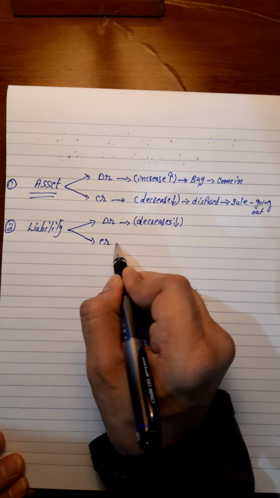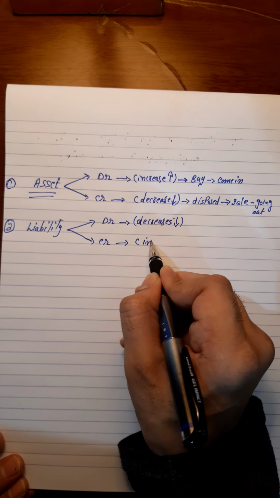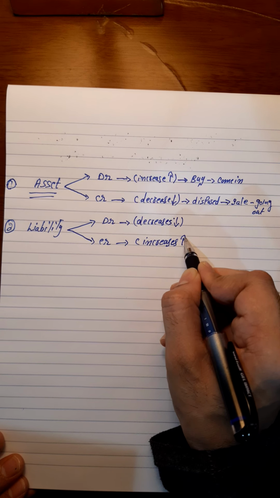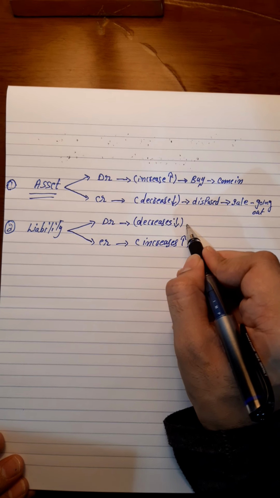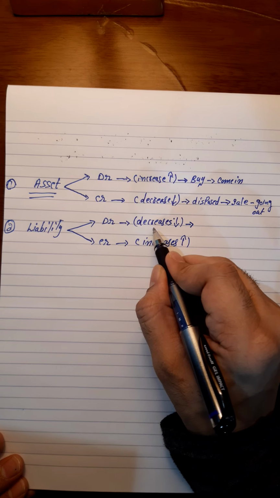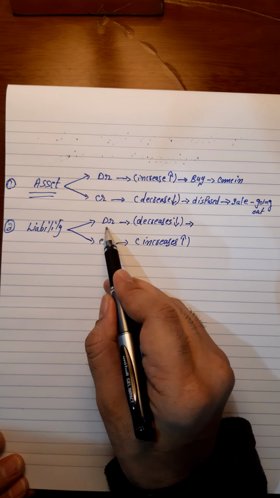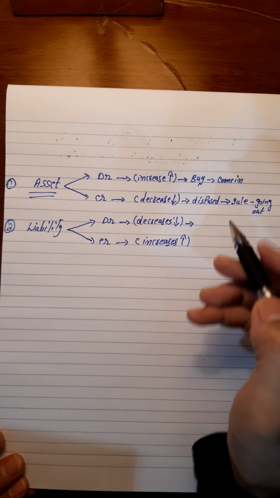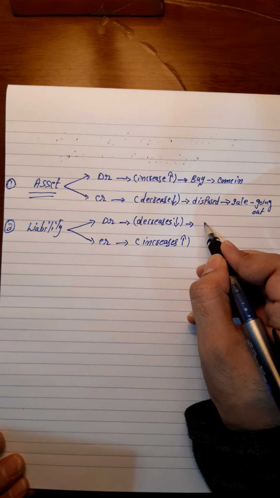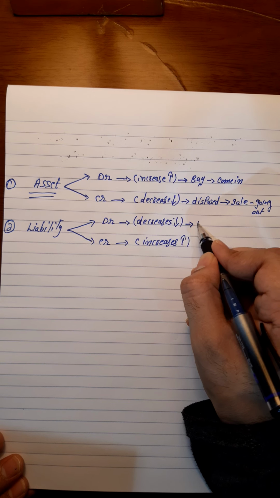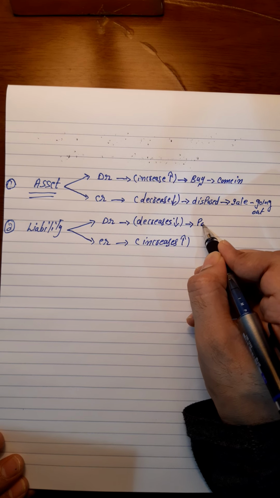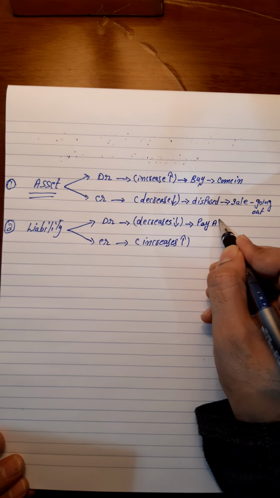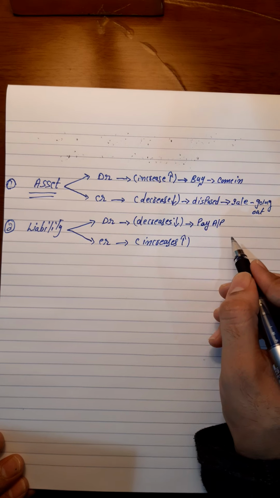Liability will credit when our liability increases. How does liability decrease? Liability will debit when liability decreases. Our liability will decrease when we pay our accounts payable.